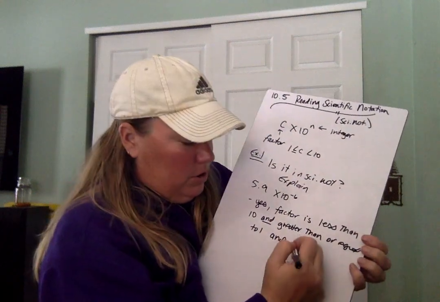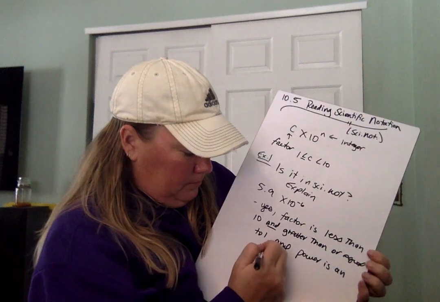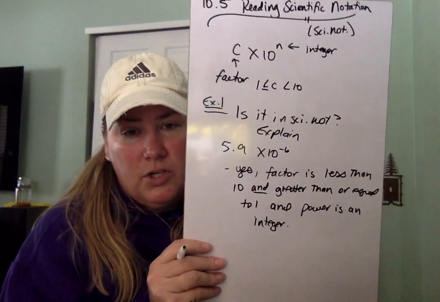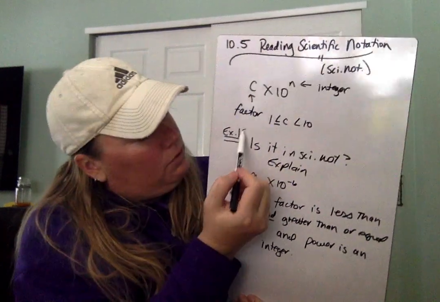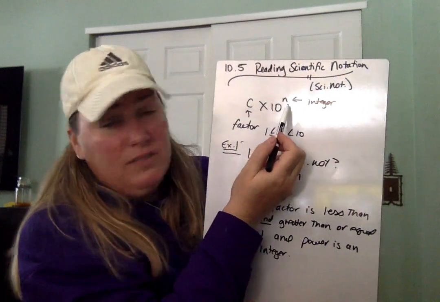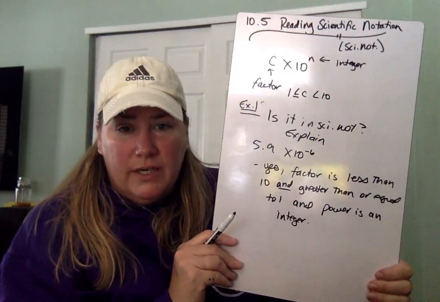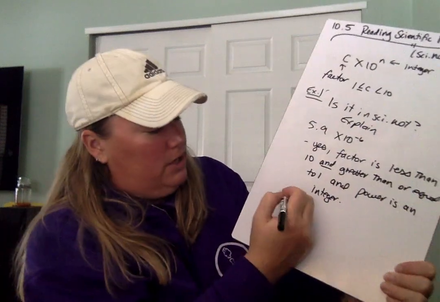Your power is an integer. So your explanation is kind of lengthy because you do have to talk about your factor. There it is. And you have to talk about the fact that your power is an integer. So that's what your answer would look like, explaining why it is in scientific notation.